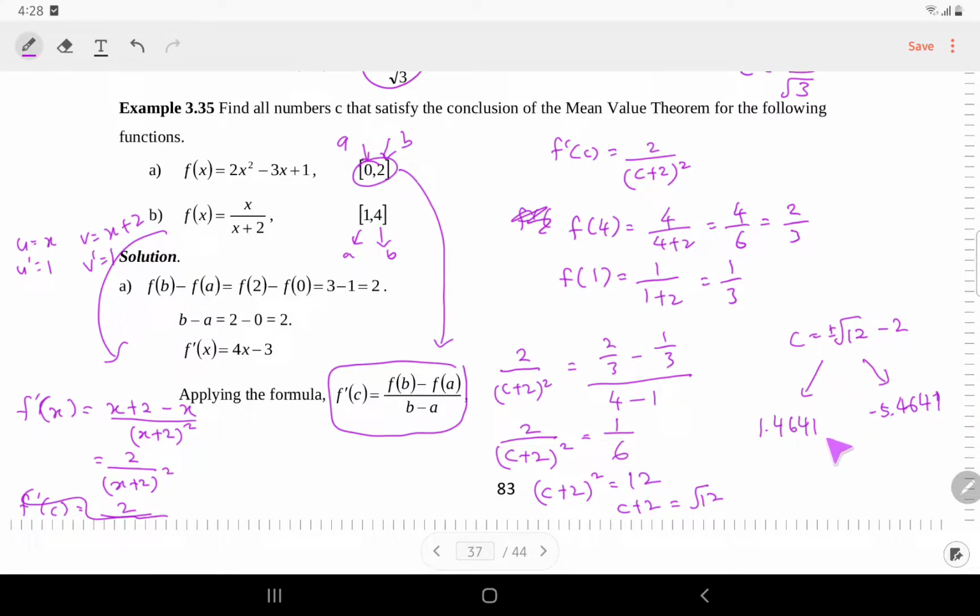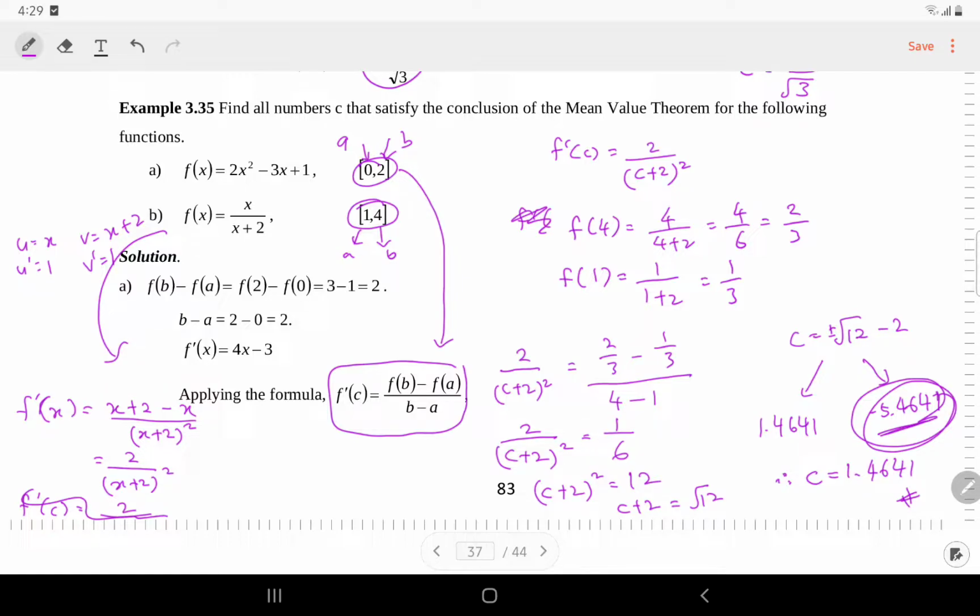So, adakah kita ambil dua-dua jawapan ataupun salah satu saja? Kita tengok our interval is between 1 to 4. So negatif yang ni kita tak ambil, sebab negative 5 is not lie between 1 to 4. So our final answer is c equals 1.4641.